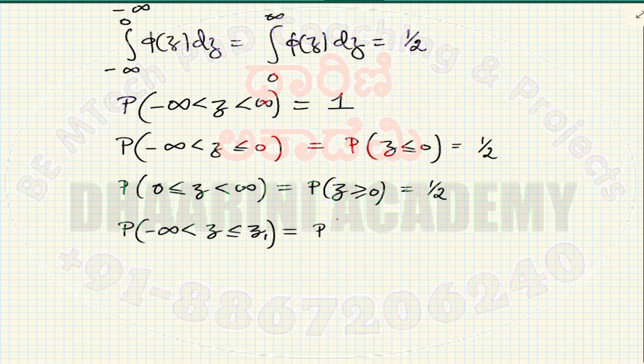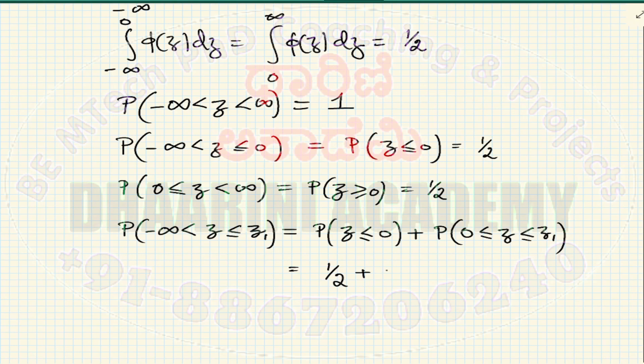When we do that, I can write P of z less than or equal to 0 plus the probability that 0 less than or equal to z less than or equal to z1. But I know this part, this is already equal to half.